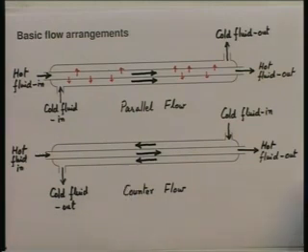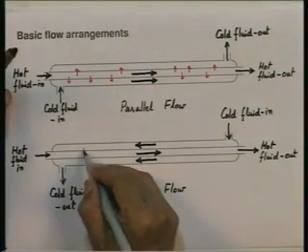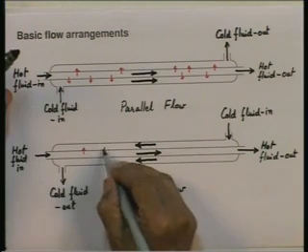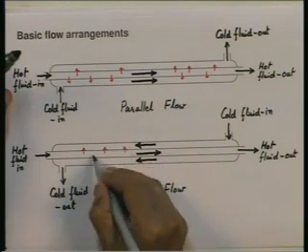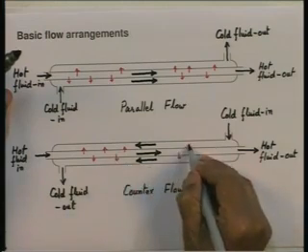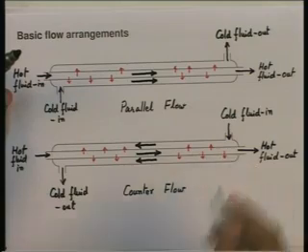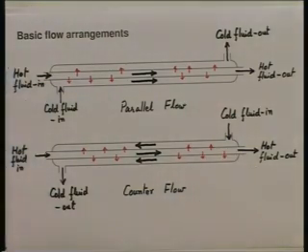The heat transfer, mind you, is still taking place in the same way across the surface of the inner tube. There is no change there, but the direction of the two fluids relative to each other is different. So, this we call a counter flow arrangement, when the two fluids flow in opposed directions.